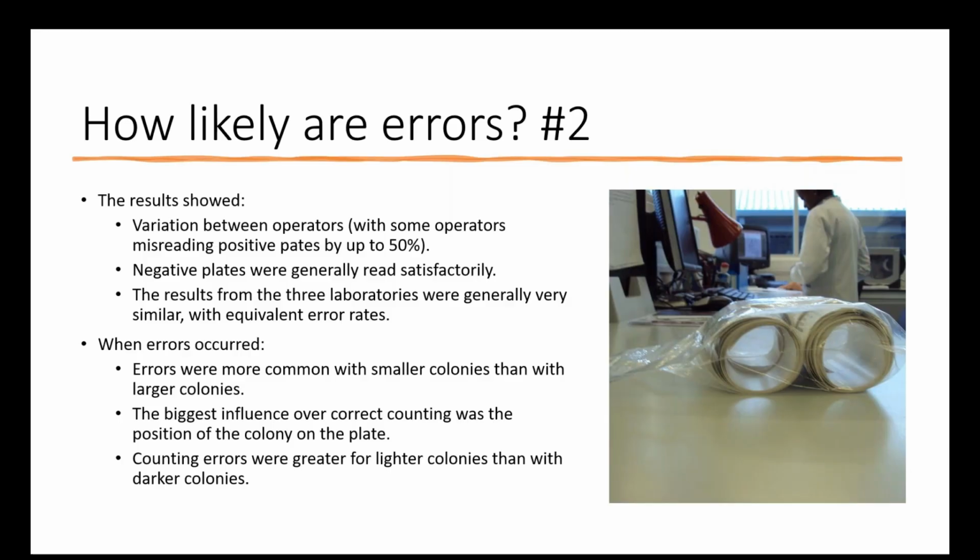But actually, the biggest influence for correct counting or incorrect counting was the position of the colony on the plate. It also stands that counting errors were greater for the lighter colonies, so it's those that were represented by the white beads, than it was for the darker colonies as represented by the black beads.